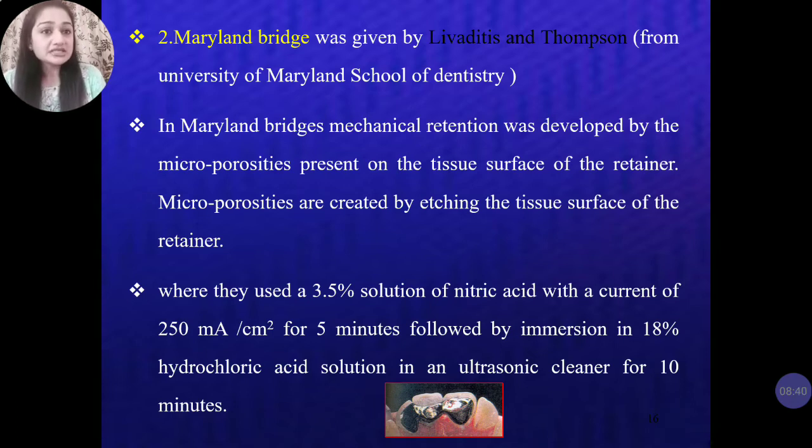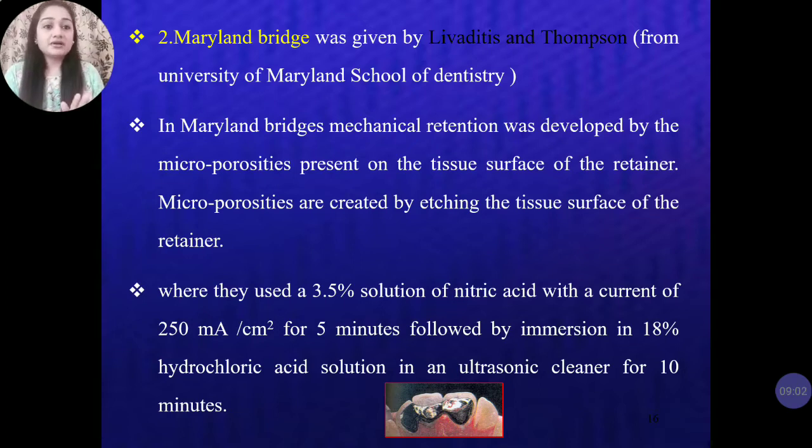In Maryland bridges, the mechanical retention was developed by the microporosities present on the tissue surface of the retainer. The microporosities are created by etching the tissue surface of the retainer. So in Rochette bridge, we saw that the wings of the retainer were perforated like a funnel.